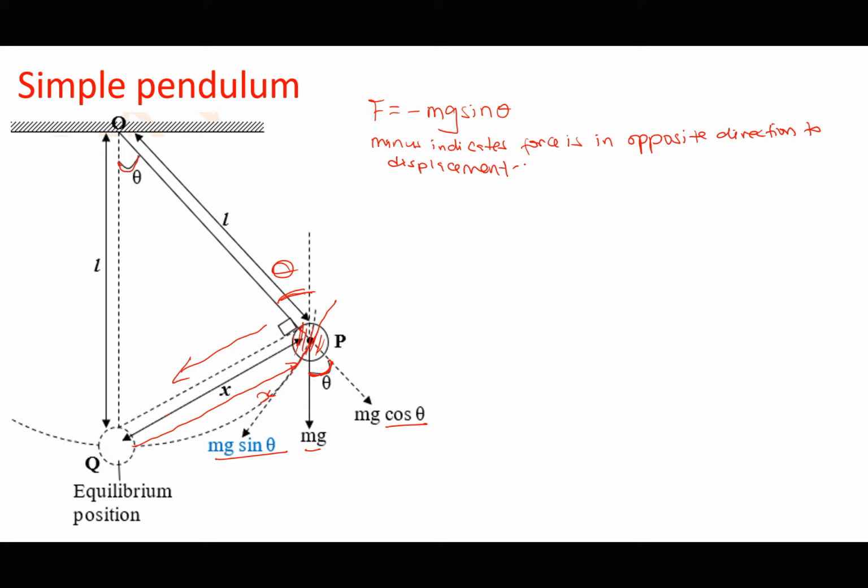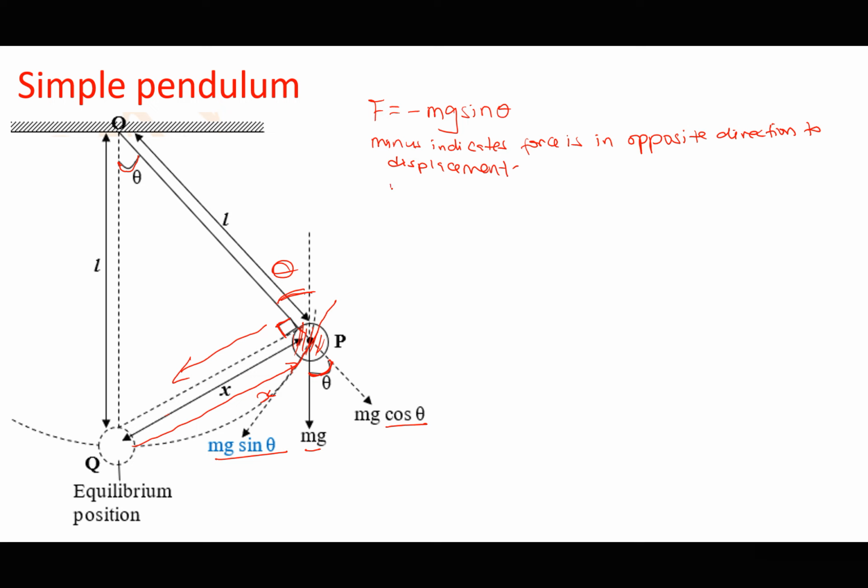Then the next thing, we shall just consider theta as a small angle. So for small angles measured in radians, we know that the sine of the angle is approximately the same as the angle itself. If we approximate the arc length here to be a straight line because theta is very small, then we come up with a right angled triangle, where x, the arc length, which is approximately a straight line if theta is very small, is the opposite, and L is the hypotenuse.